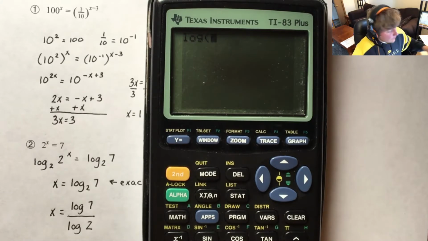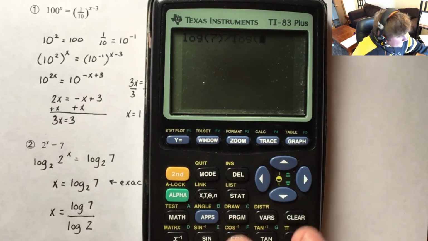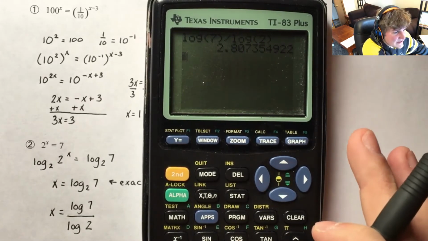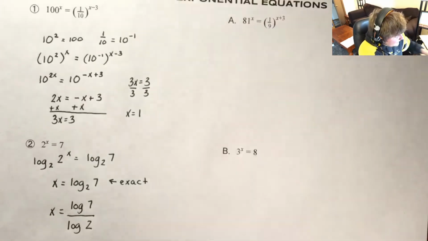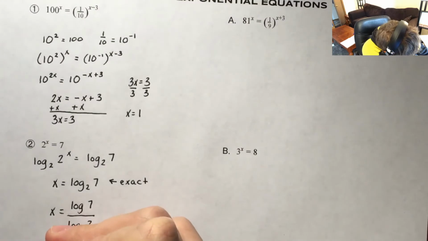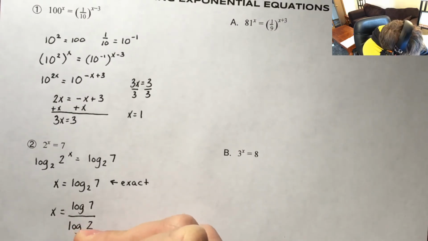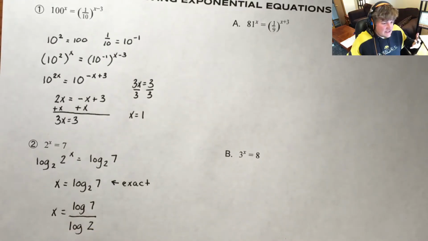So I can have log base 10 of 7 divided by log base 10 of 2, and this is going to give me about 2.807. Let's go to 3 decimals. So this is equal to approximately 2.807. So what is this telling me?